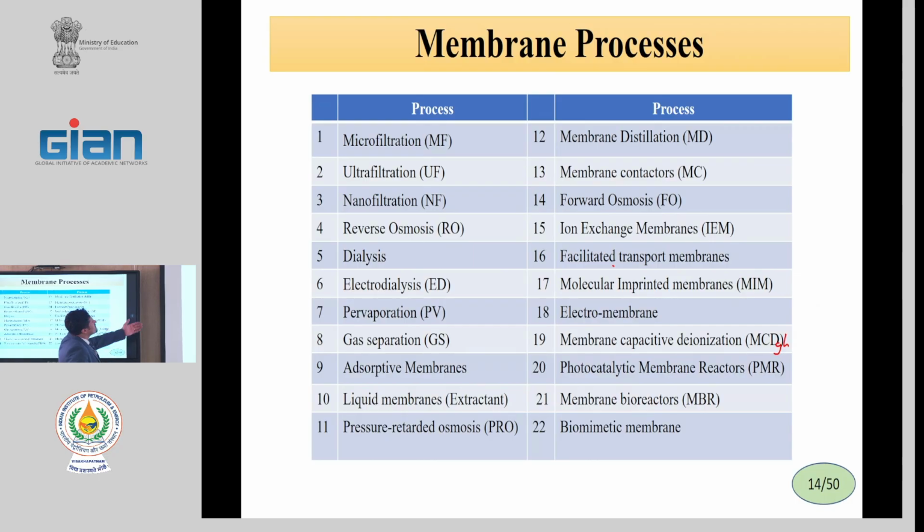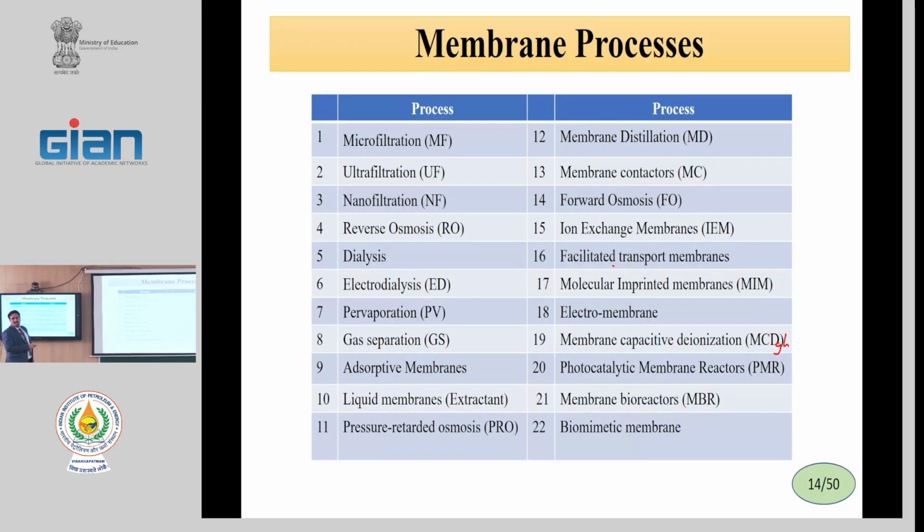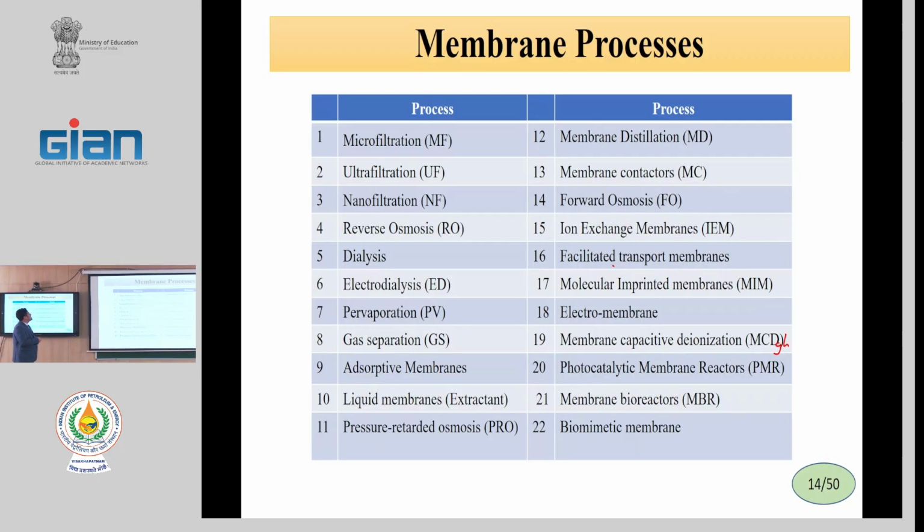The most famous are microfiltration, ultrafiltration, nanofiltration, and reverse osmosis. In the first lecture I discussed that the separation is based on pore size, and MF has the big size, and NF has the low pore size.